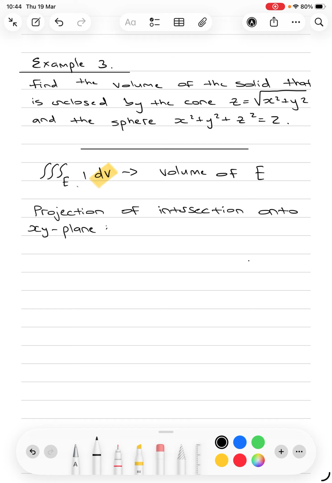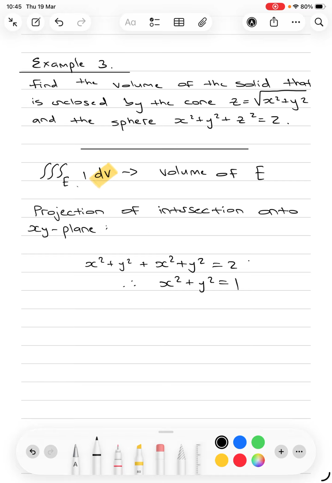Right, so we have the intersection as this curve. So z squared means I add this, and that reduces to this circle, right?